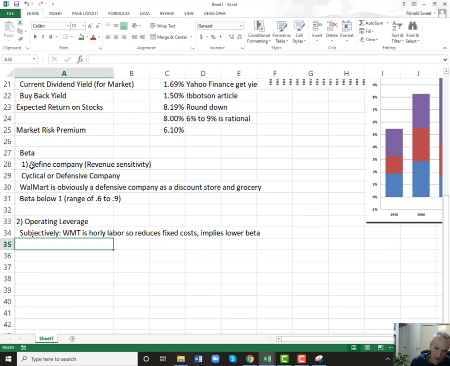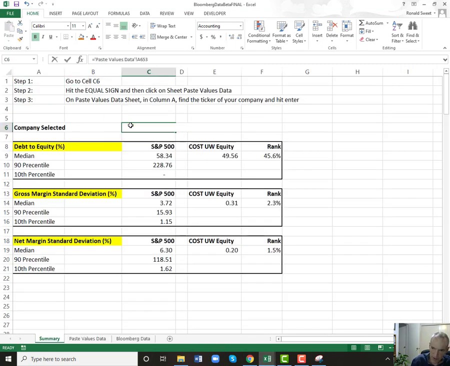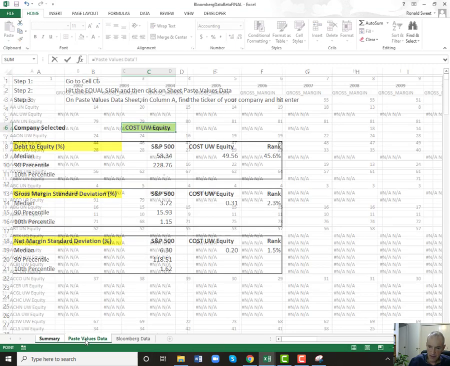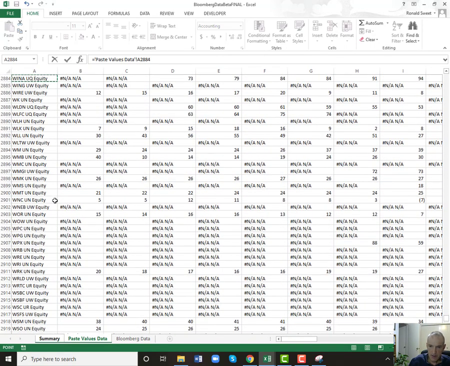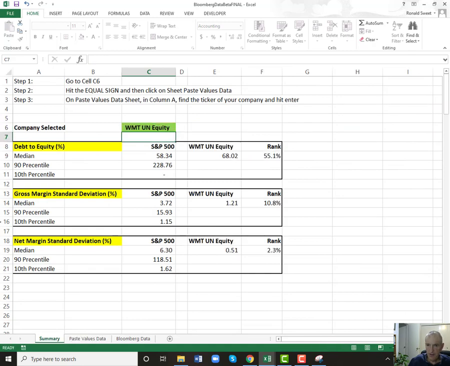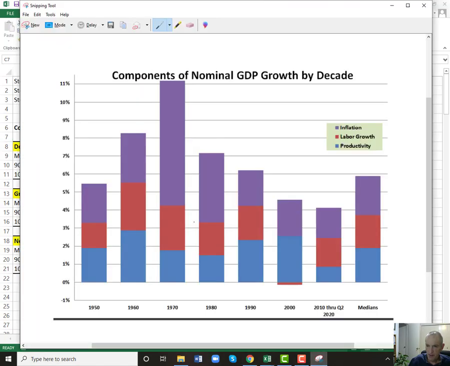And then the other thing we can do is go to the Excel file. So here's the Excel file. Let me put Walmart in there. So I'll do equal. You go to the paste values. Go find your ticker. They're alphabetical. There's Walmart. And so here, you definitely want to talk about the net margin. But the gross margin might be interesting as well.